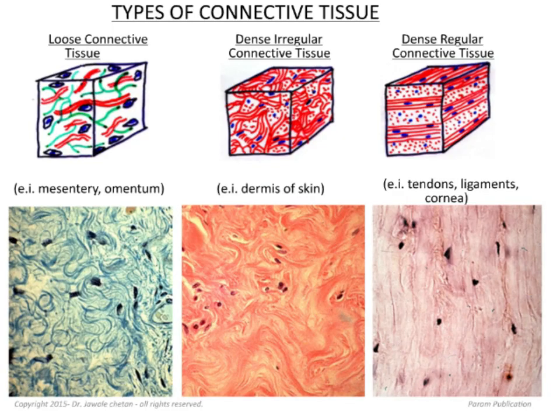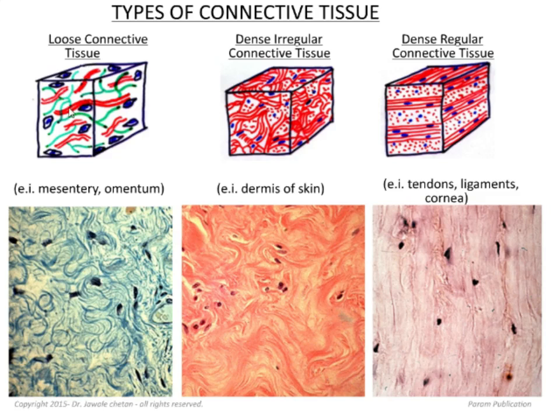There are three types of connective tissues: loose connective tissue, dense irregular connective tissue, and dense regular connective tissue. This terminology is based on the arrangement of connective tissue fibers in the tissue. You can see here a different arrangement of fibers and matrix in a square cube.